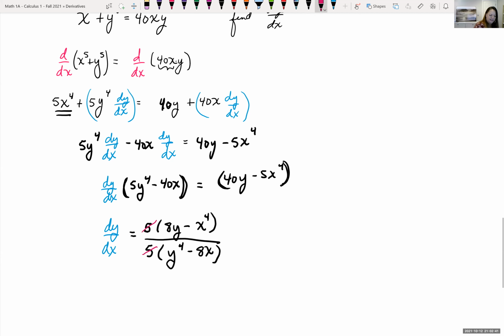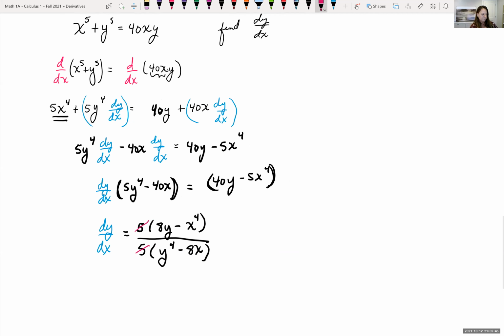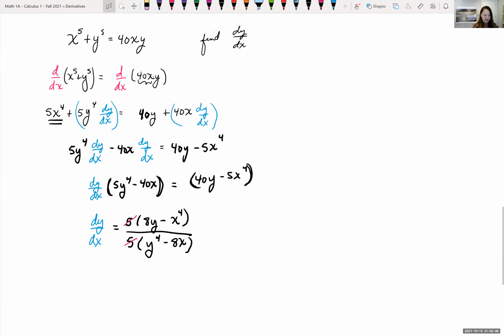And so the 5s can cancel. We're left with dy dx equals 8y minus x to the fourth, that quantity all over the quantity y to the fourth minus 8x.